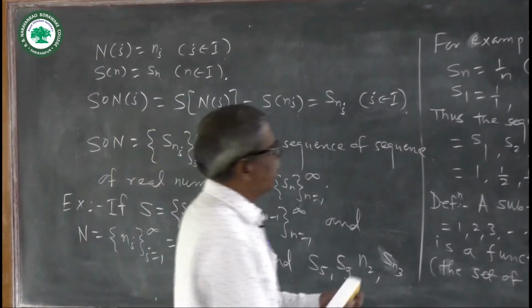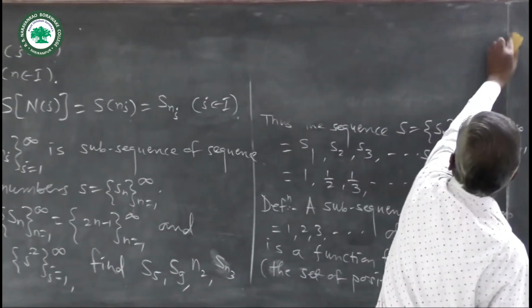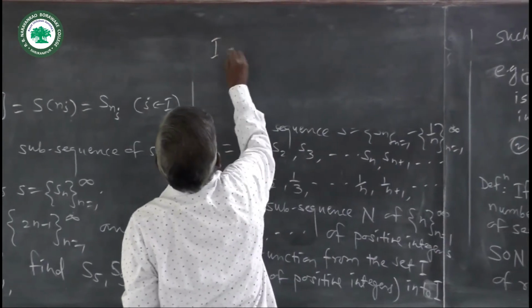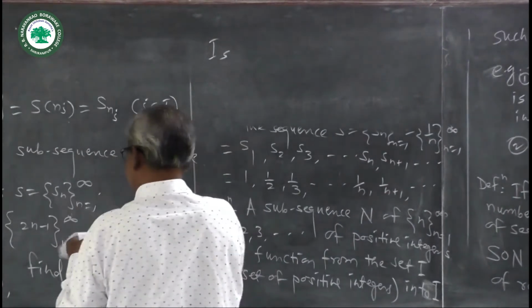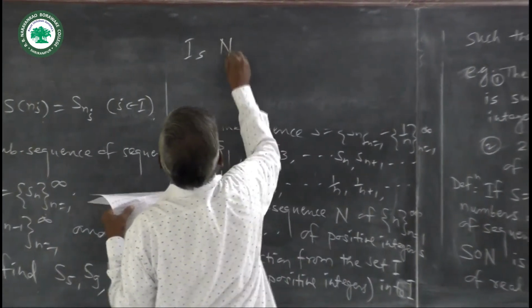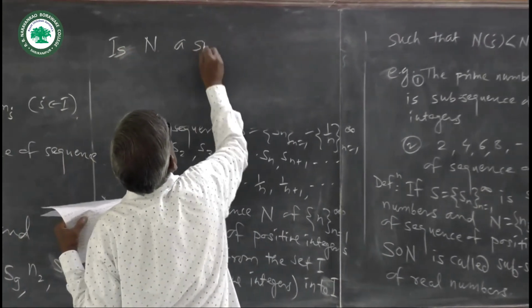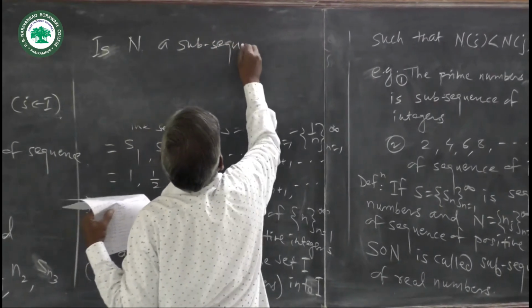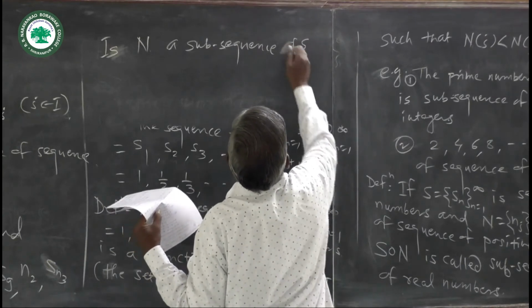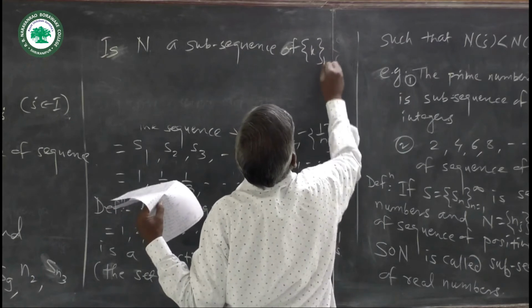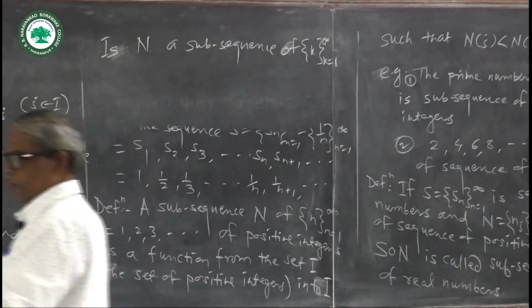Is capital N a subsequence of small k, k is equal to 1 to infinity?